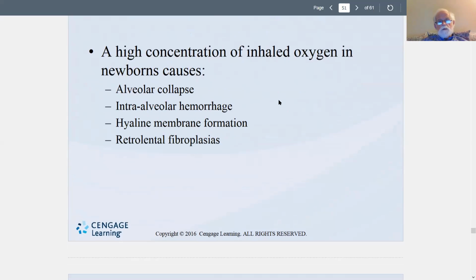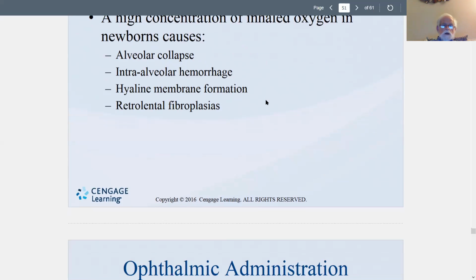We found this out the hard way, of course, with a bunch of newborns. We found out that it's not a good idea to give inhaled oxygen to newborns.